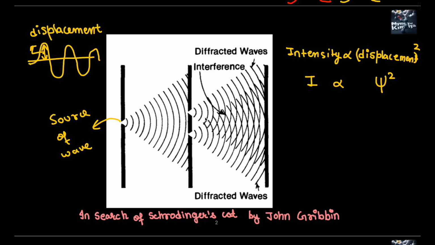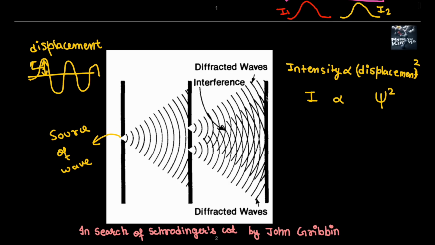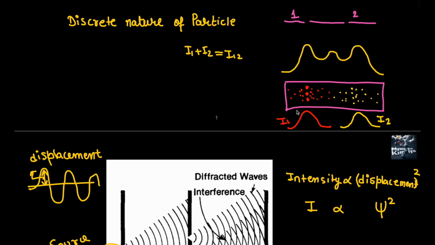So let's suppose when only slit 1 is open, you can see the waves like this, and here in the middle we have more density or intensity of wave. When slit 1 is open, the curve will look like this, and when slit 2 is open, you will see a similar curve.